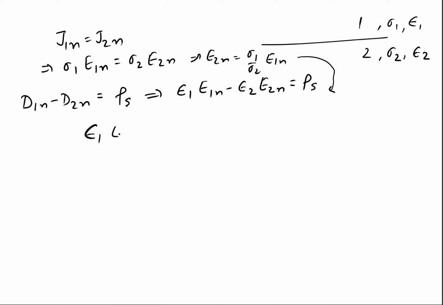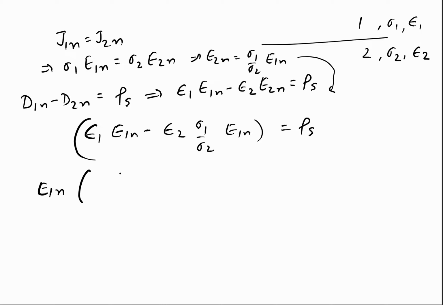So epsilon 1 E1n minus epsilon 2 sigma 1 by sigma 2 E1n is equal to rho s, or I can write E1n common, epsilon 1 minus sigma 1 epsilon 2 over sigma 2, is equal to rho s.